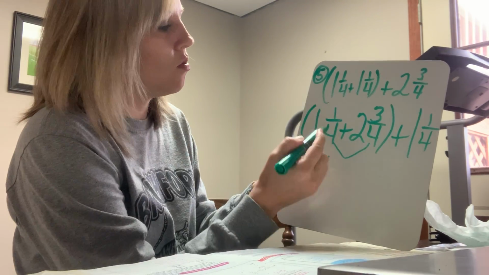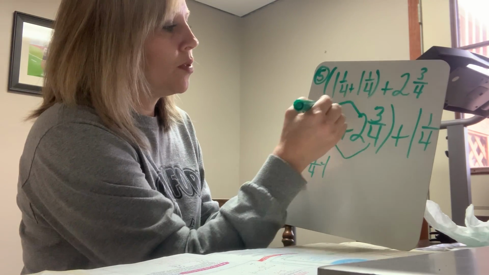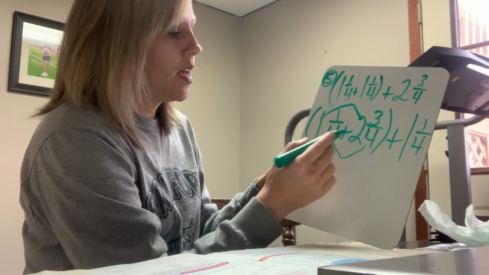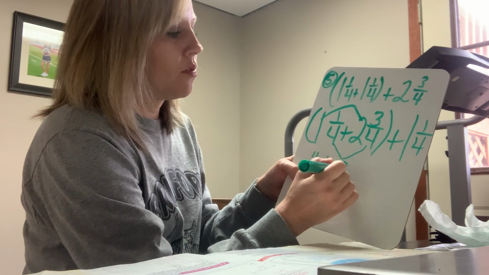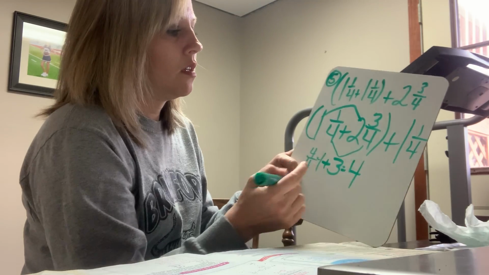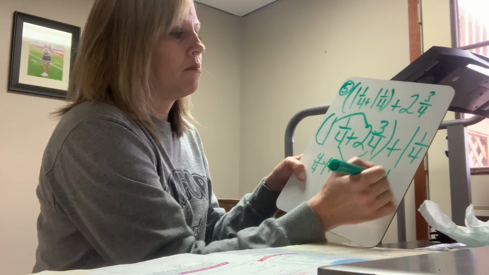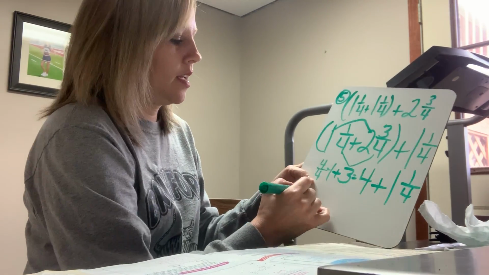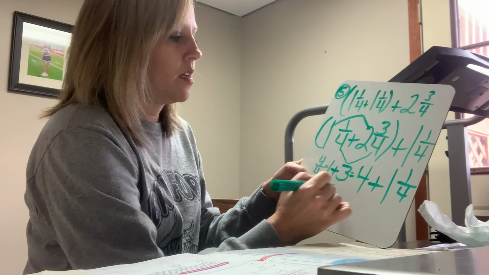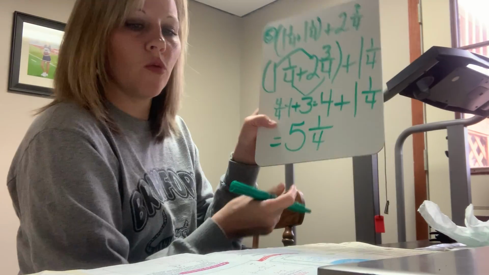That's where you're getting that whole. And then 2 plus 1 is 3. And then the 1 plus the 3 whole gives me 4. 4 plus 1 1/4 is going to give me what, guys? 5 1/4.